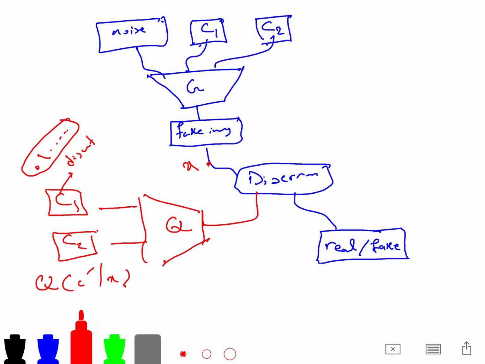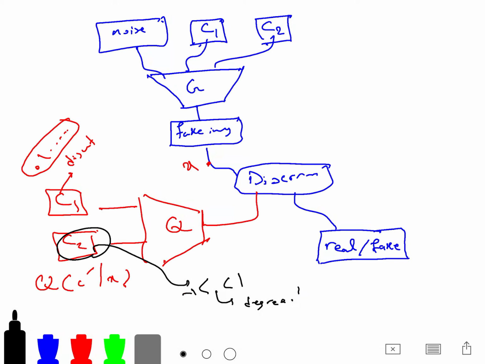And we also have this continuous variable, which is between -1 and 1. So you can say the degree of rotation of digits. But don't worry, Q could be just a softmax.